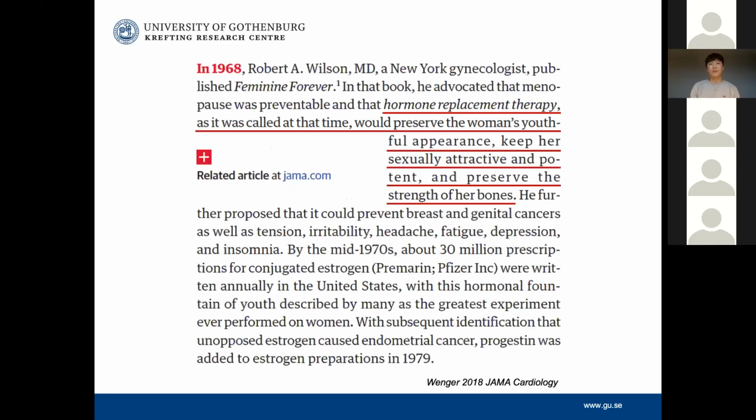Around 5 decades ago, hormone replacement therapy, as it was called back then, was believed to preserve women's youthful appearance and keep her sexually attractive and preserve the strength of the bones.